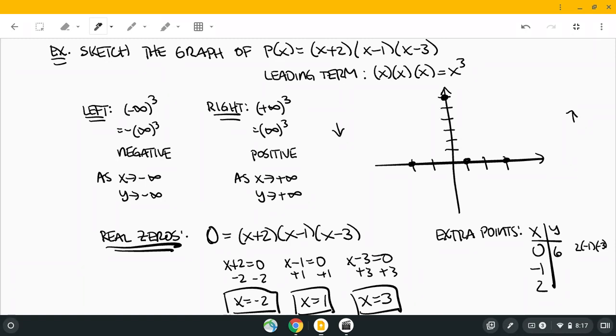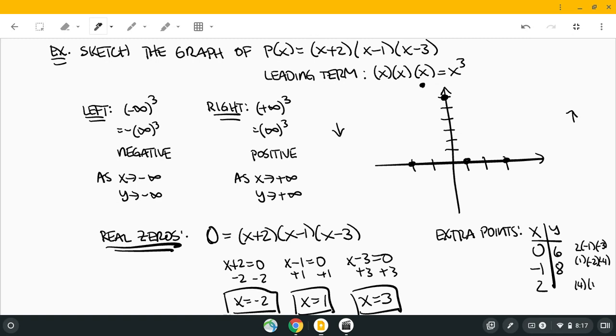Okay, negative 1, we get 2 minus 1 is 1. Negative 1 is negative 2. Negative 1 minus 3 is negative 4. So we get 8. Kind of out of room. We'll pretend that's 8. And when x is 2, we get 4.